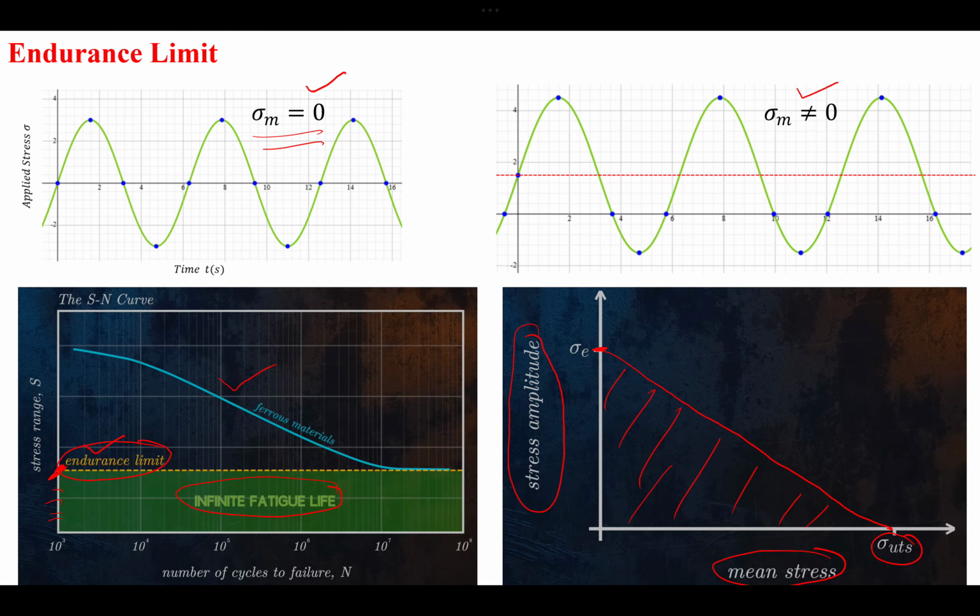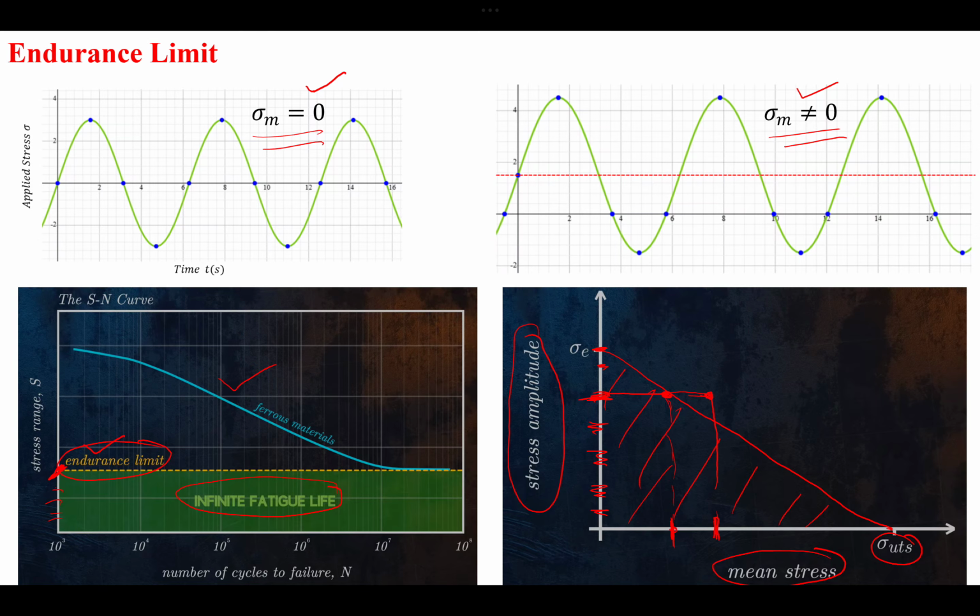But when you have a mean stress not equal to zero, even if these stresses are below the endurance limit, still you will have a certain limit up to which you can have the mean stress. So if the mean stress is up to this point and you have an applied stress below the endurance limit, it is within the safe region. But if the mean stress increases to this point, then you are going out of this curve and you are not in the safe region.